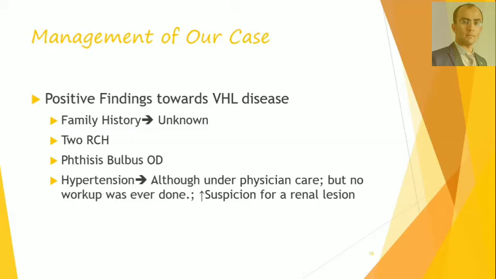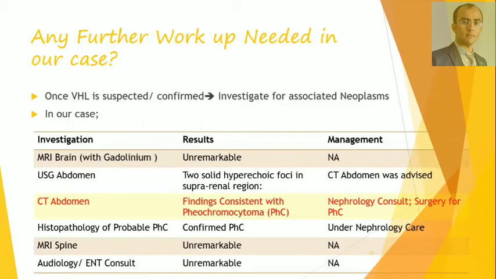So our patient had hypertension, which was suboptimally controlled, but no workup had been done before. So it raised our suspicion for a renal lesion. We began investigating for VHL tumors elsewhere in the body.